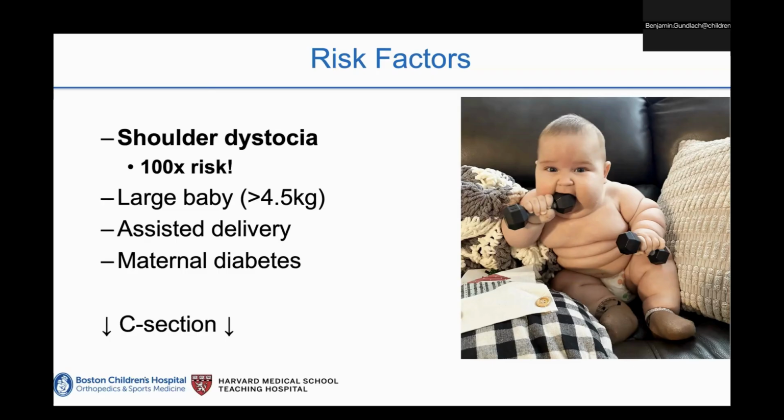Additional risk factors are a large infant with a birth weight of 4.5 kilograms or greater, the need for assistance in delivery, such as forceps or vacuum, as well as maternal diabetes. However, there is significant overlap with these other risk factors and the ultimate occurrence of a shoulder dystocia. Again, what has also been demonstrated in several studies is the protective effect that cesarean delivery can have on lowering the incidence of brachial plexus birth injury.